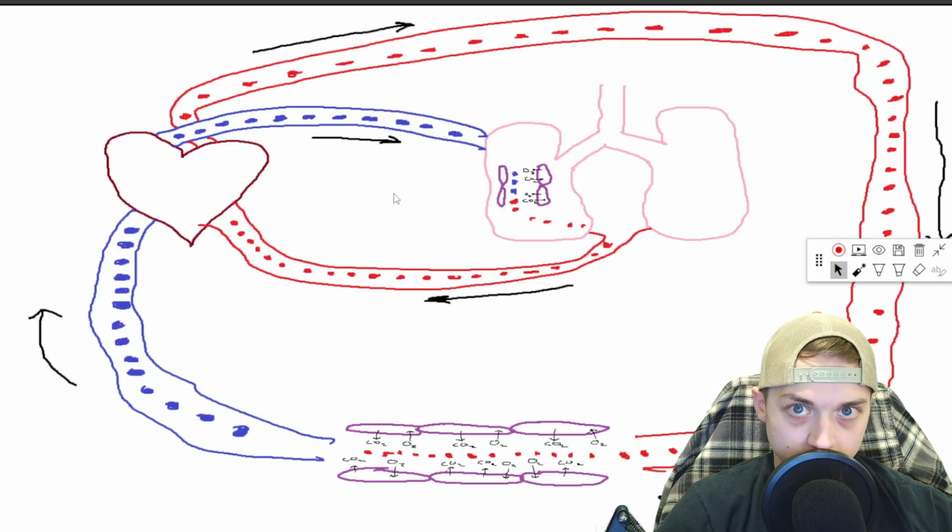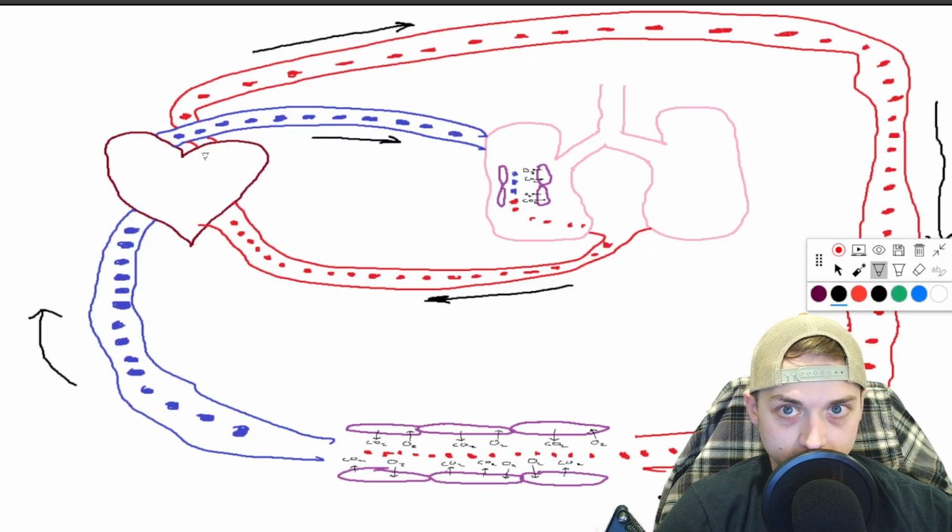So here's a diagram, right? Let's start at the right side of the heart here, and then we'll loop our way back. Right side of your heart, it pumps blood to your lungs. Those deoxygenated blood cells are going to pick up some oxygen. They're going to go through the lungs into the left side of the heart, and it's going to be pumped out into the systemic circulation. This is your DO2, right?